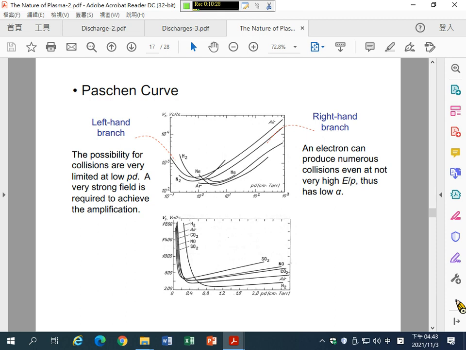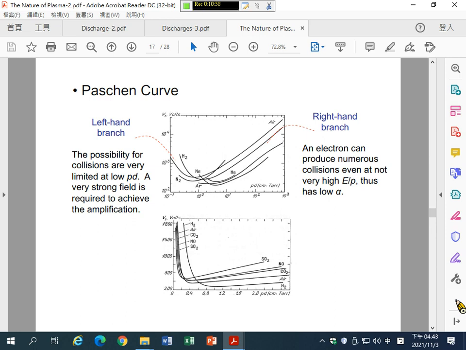So approximately a few centimeter torr. This is for the DC discharge. If the PD becomes lower than 1 centimeter torr, it falls into the left-hand branch of the Paschen curve.